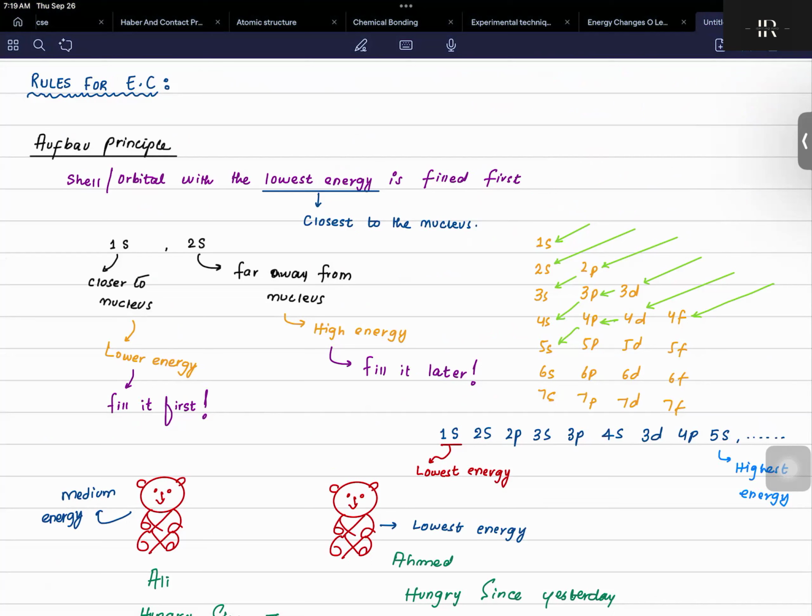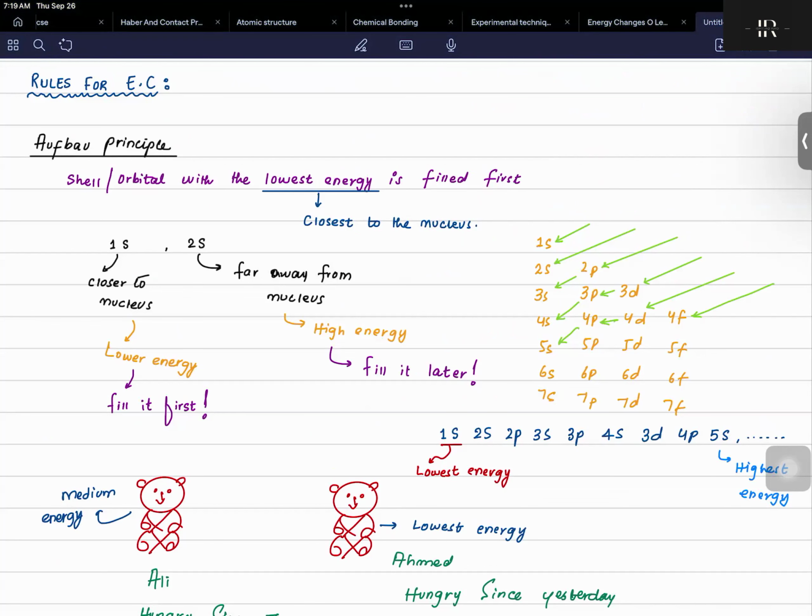So how can I decide which orbital is having the lowest energy? I have drawn this table. With the help of this table, I can say that 1s is having the lowest energy, and then 2s, then 2p, then 3s, then so on.